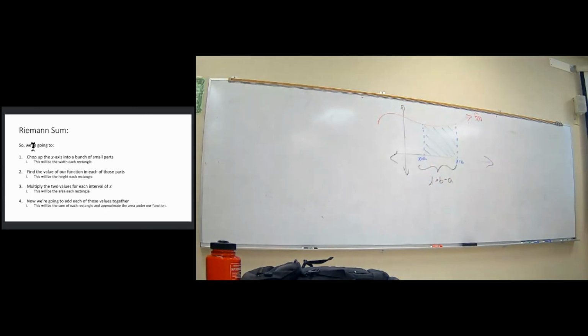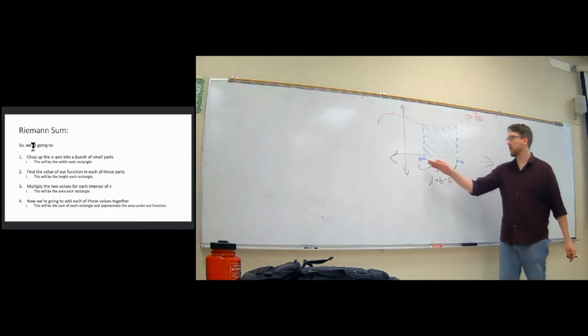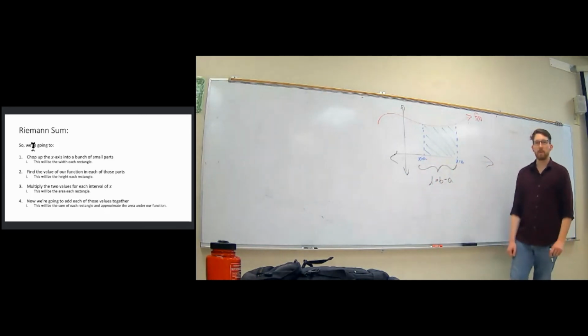How many parts do we want to cut this up? People at home, give me a number. How many times do we want to cut up the interval from A to B here? How many sub-intervals do we want to cut this up into? 2?